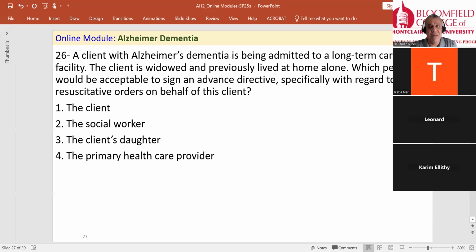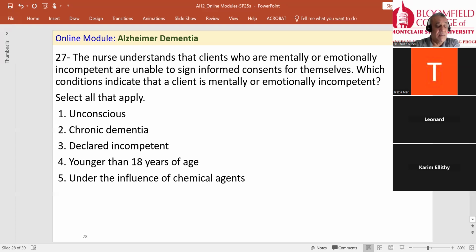Sometimes the client can be conserved by the state, with a conservator designated from the state. So there are a lot of options, but for this specific scenario, the client's daughter is the one who can sign for the DNR or code status for that patient. I mean, what I meant is advanced directives.